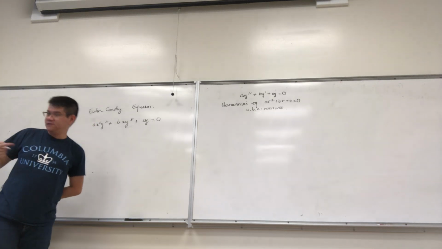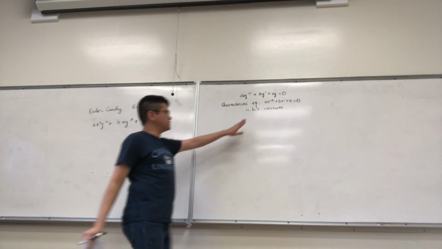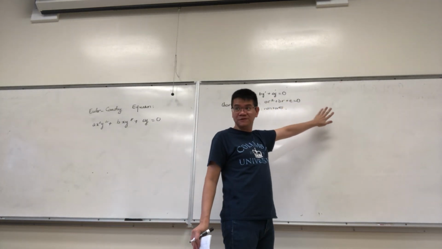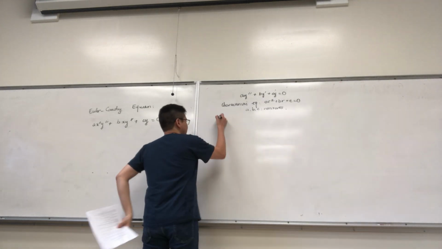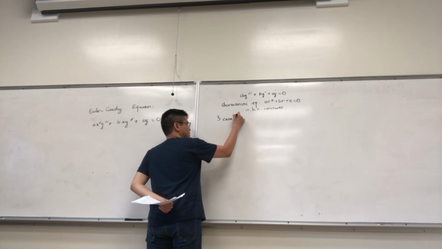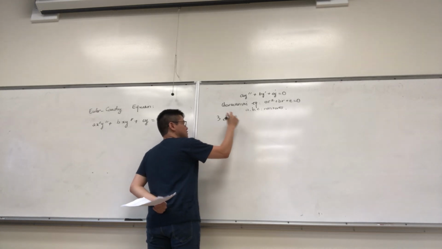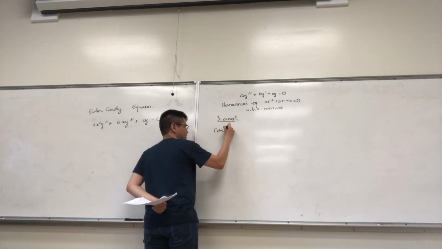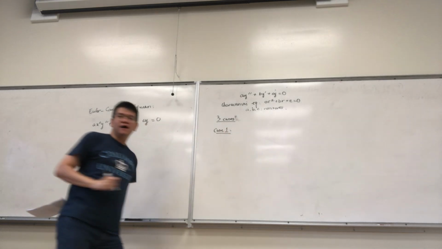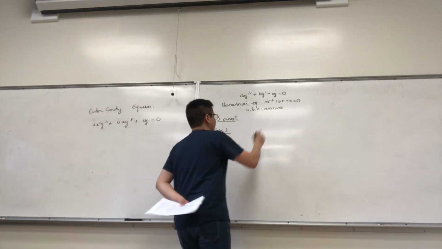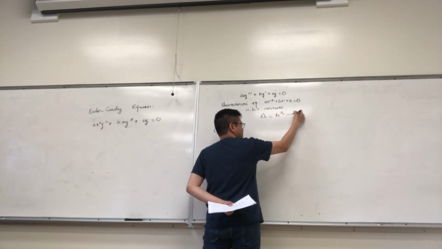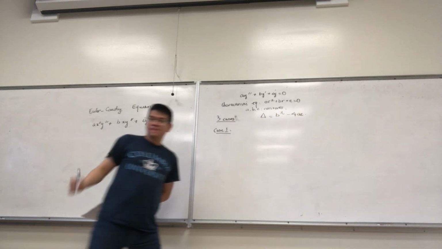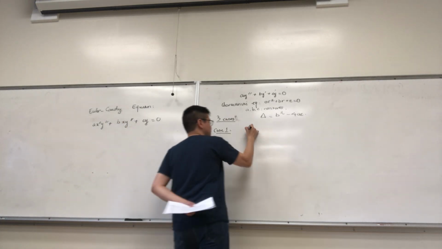So in the case that A, B, C are constant, the characteristic equation is standard, a r squared plus b r plus c. And then you consider 3 cases. So case number 1, you define a delta function, which is b squared minus 4ac. In case number 1, delta is positive.